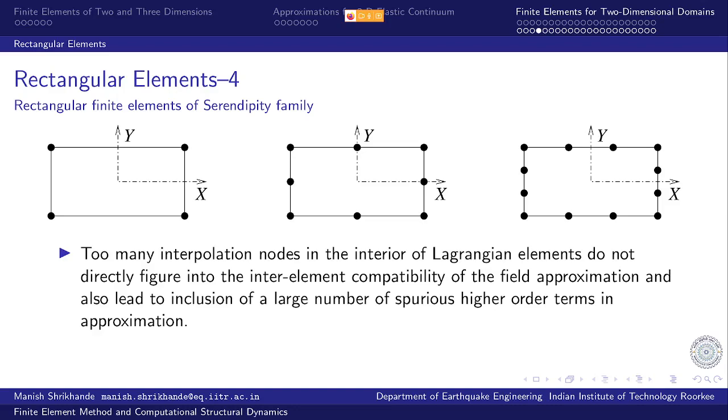So it should be possible to have complete quadratic and complete cubic variation with fewer nodes and fewer extraneous terms. And moreover, this eliminates the interior nodes which do not in any way contribute to inter-element compatibility of the approximation.